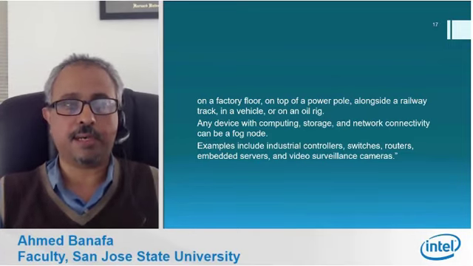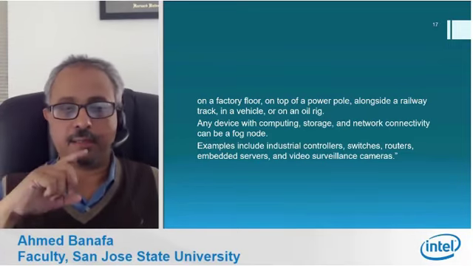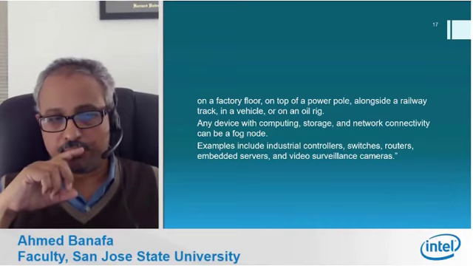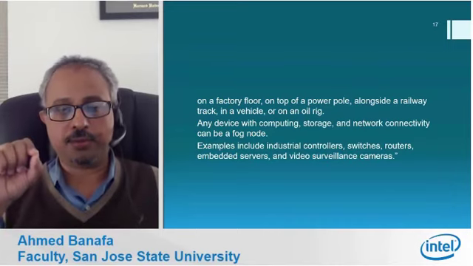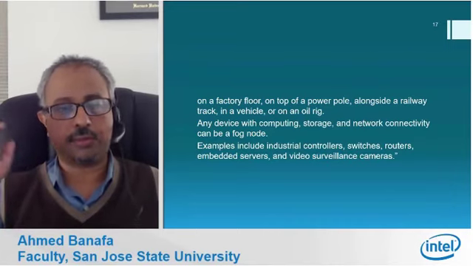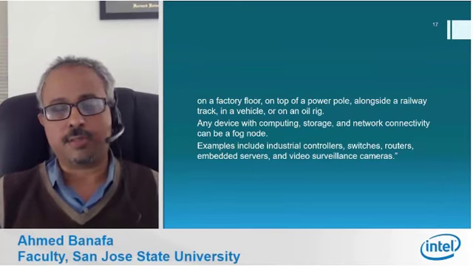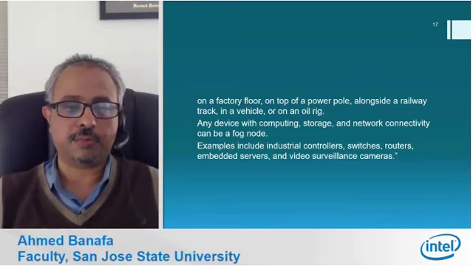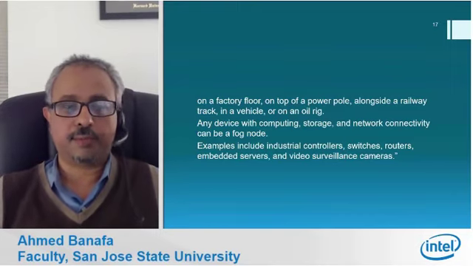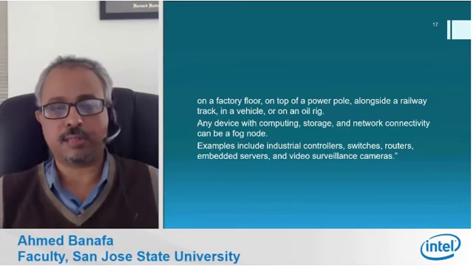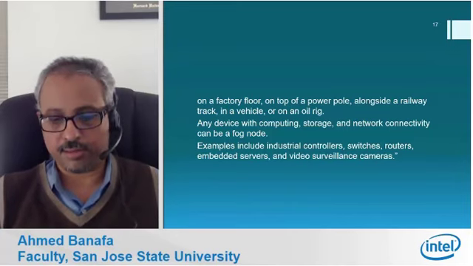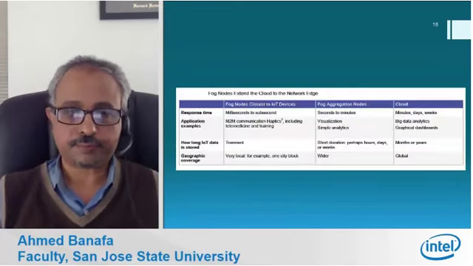So it can be part of the fog or edge node network. Examples include industrial controllers, switches, routers, embedded servers, and video surveillance cameras. All of these things are considered part of the edge computing nodes. They have their computing power, they have their storage, and they have their connectivity. They have their IP address to be part of the network.